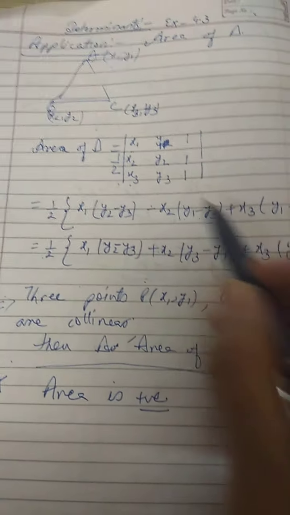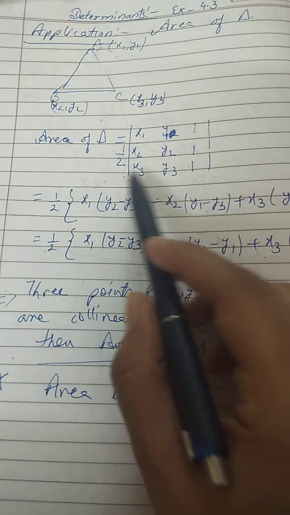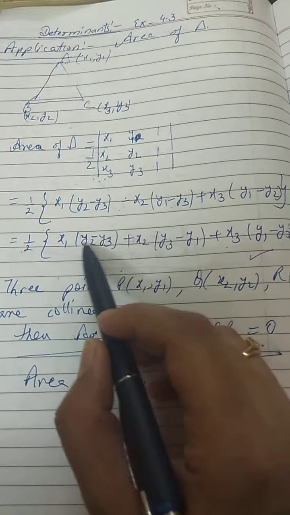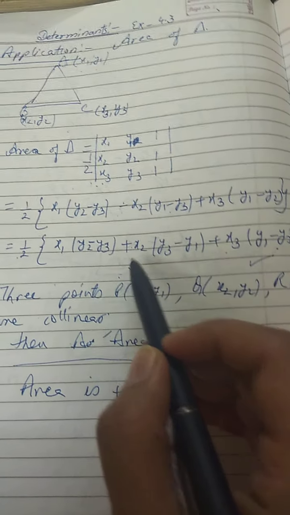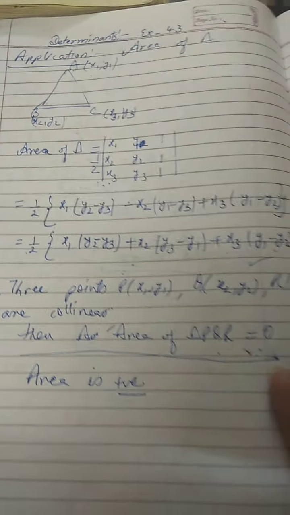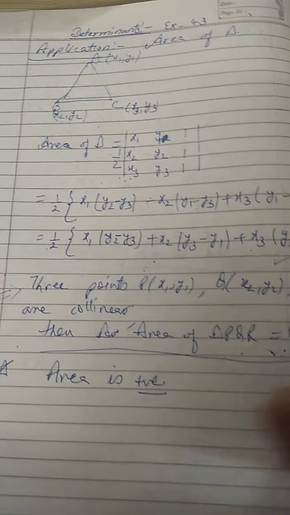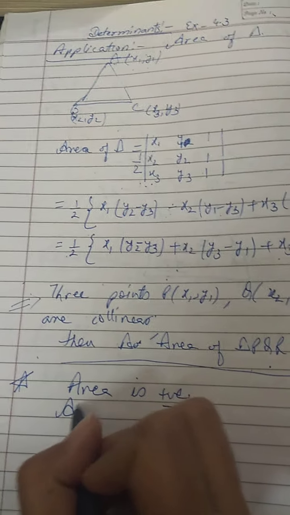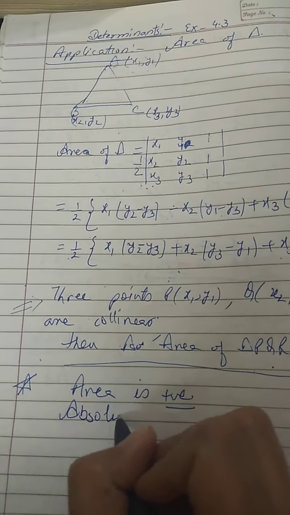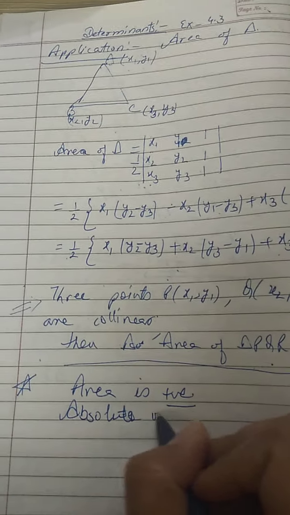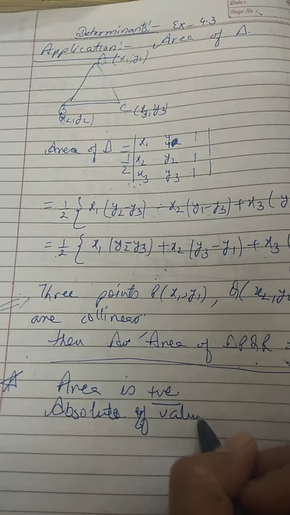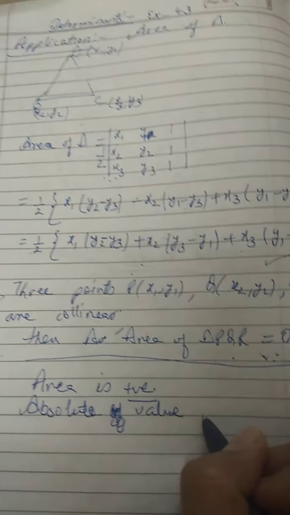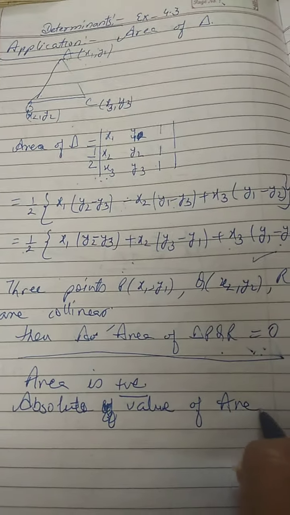And by chance, while calculating the value of the determinant, that means when I am putting the values here, if it comes out negative, we have to avoid the negative sign. So in order to avoid the negative sign, we will always consider the absolute value of the determinant, the absolute value of area we will always keep.